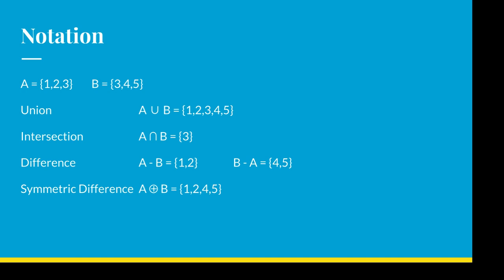It's only the elements in B that are not in A. And then the symmetric difference, you can think of it as the union of these two differences, like I mentioned. Or you could also think of it as the elements that are in A or B and are not in both. Okay? So the exclusive OR of those two sets is another way to think of it.